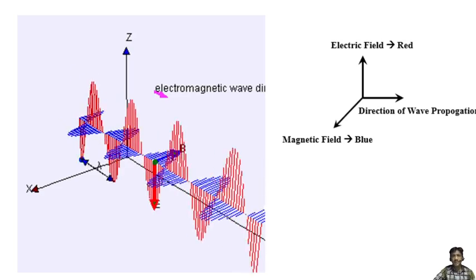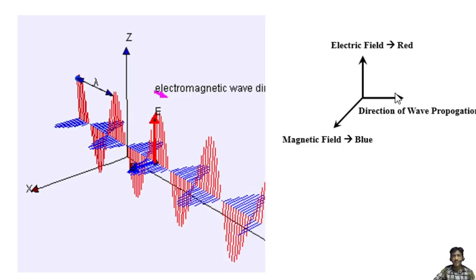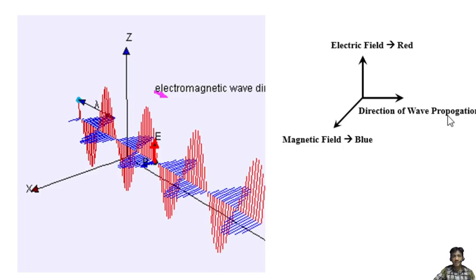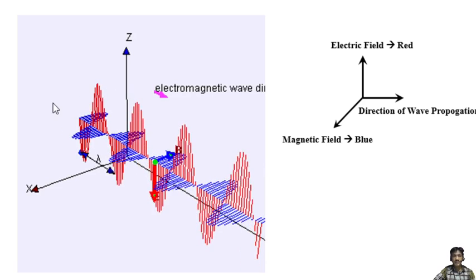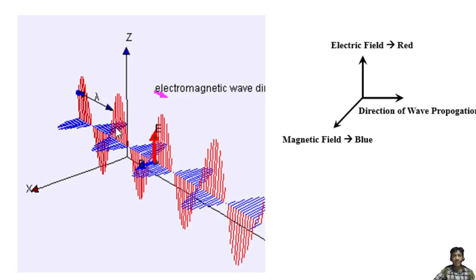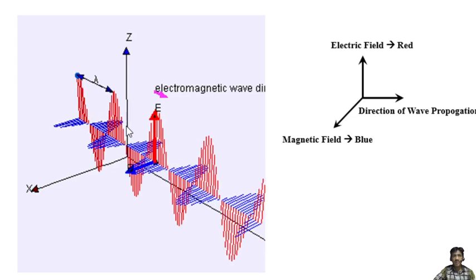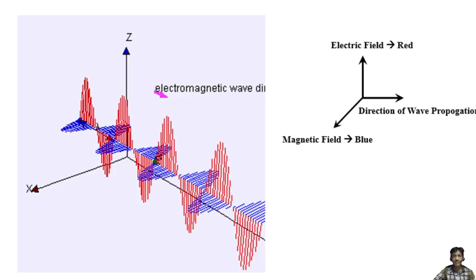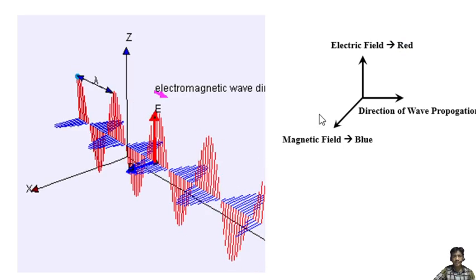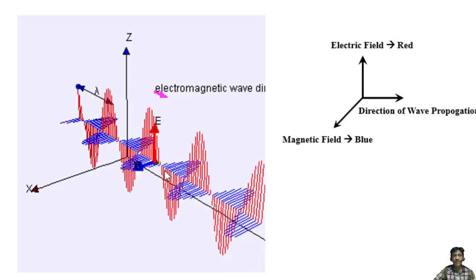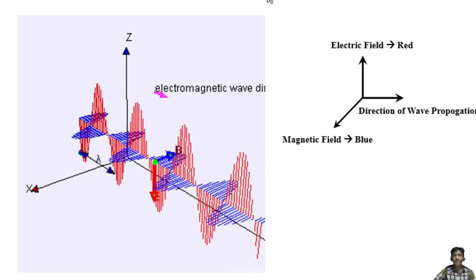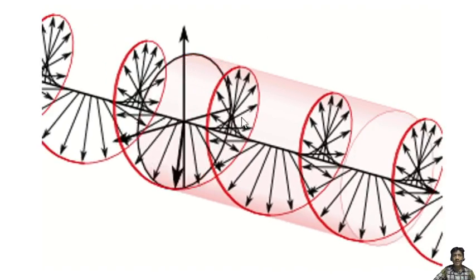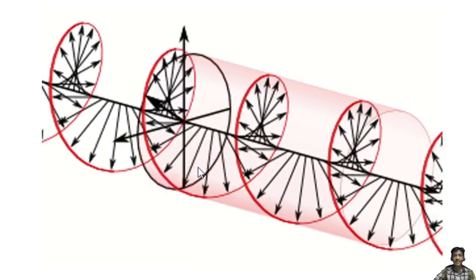The next is the direction of wave propagation. We know that the wave is traveling in the direction of wave propagation. This is nothing but the electromagnetic wave diagram. Another diagram is there, you can see this.